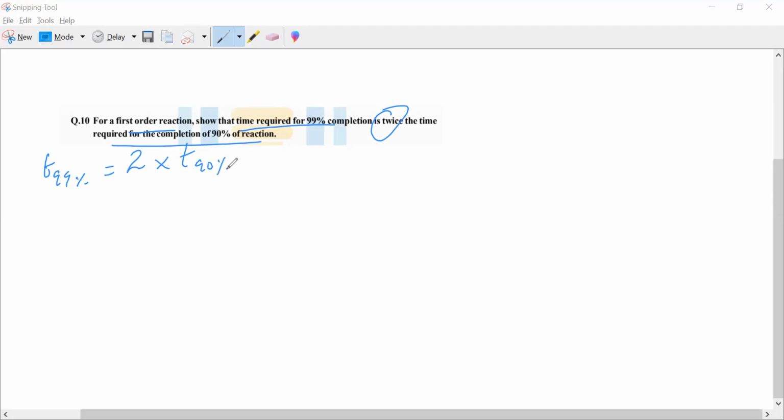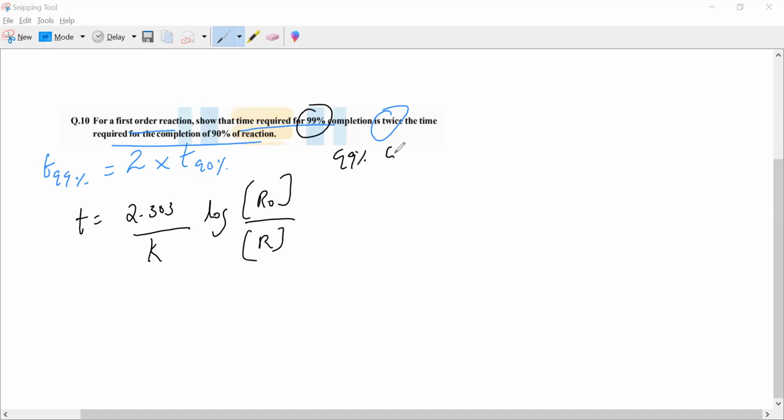Now for doing this thing, if I take the general formula, T is equal to 2.303 by K log of R naught by R. Correct? Just like in our last question, 99% completion means what?